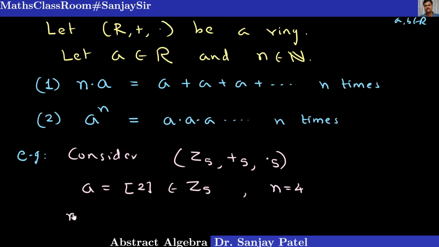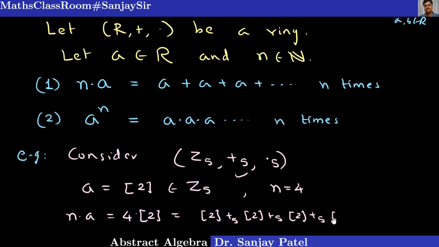Then the meaning of na, that is 4 times class 2, is class 2 plus class 2. Here this plus is the addition modulo 5. How many times? 4 times. So 2 is added with itself 4 times.